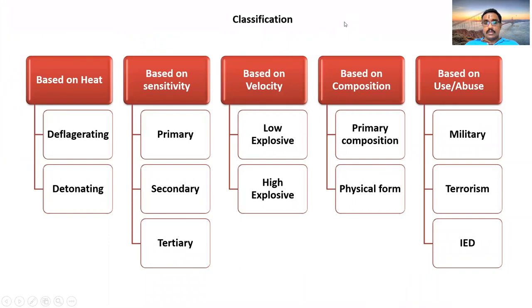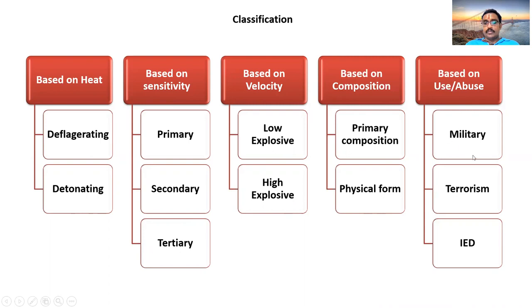Classification, this is how they are classified. We classify them based on heat, sensitivity, velocity, composition, and use or abuse. Based on heat, we classify them as deflagrating or detonating explosives. Based on sensitivity, primary, secondary, tertiary explosives. Based on velocity, low or high. Based on composition, primary or physical form.